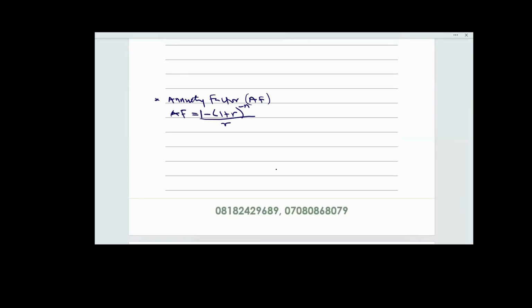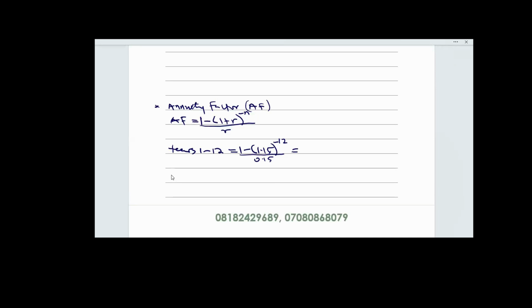So you calculate the annuity factor of years 1 to 12 as 1 minus (1 plus 1.15), 1.15 raised to power minus 12. N is 12. Then divided by 0.15, equal. So what do you have there?